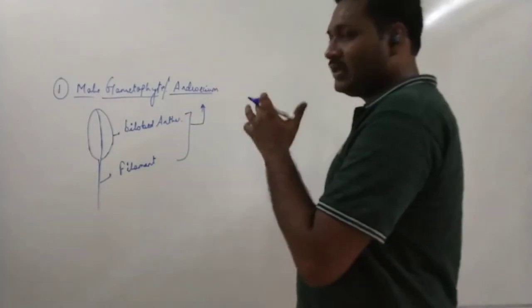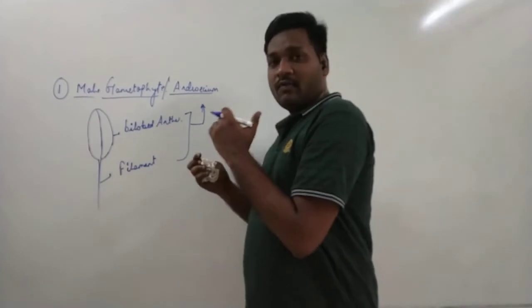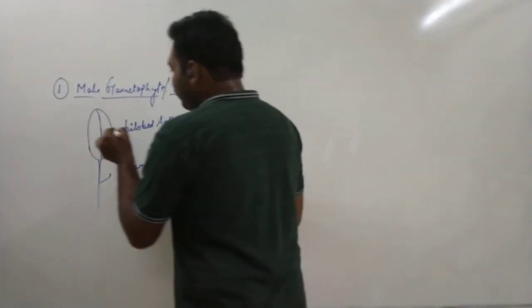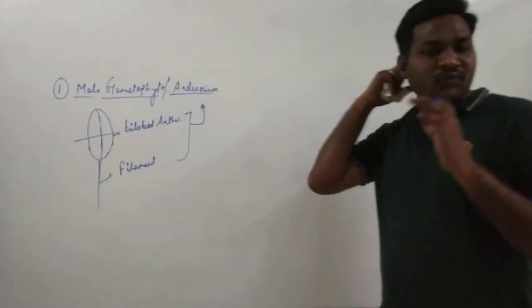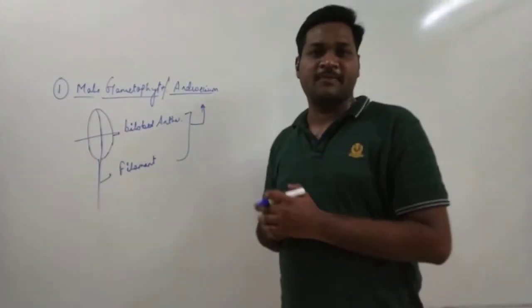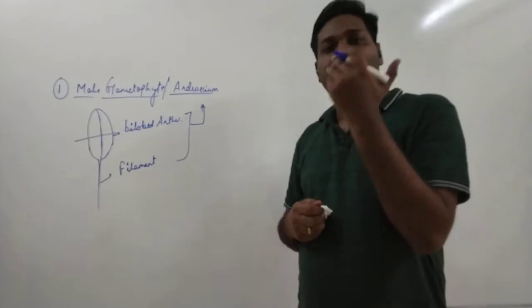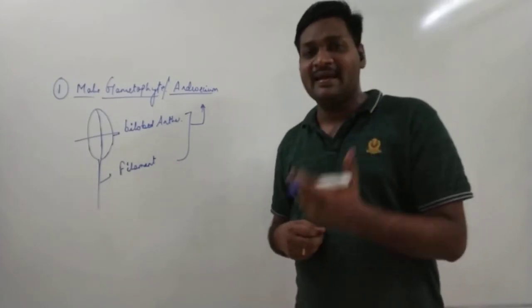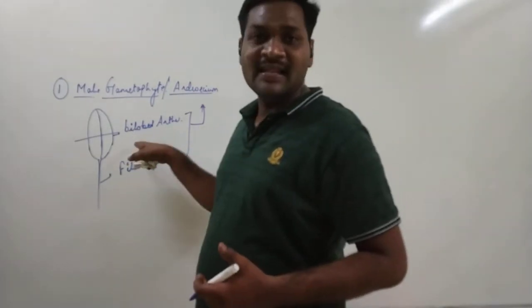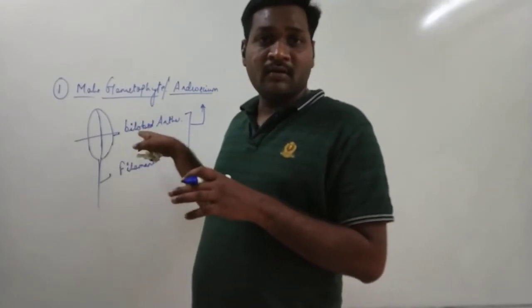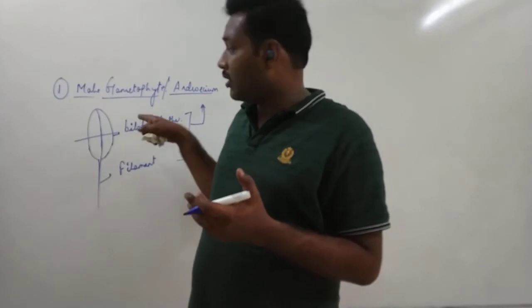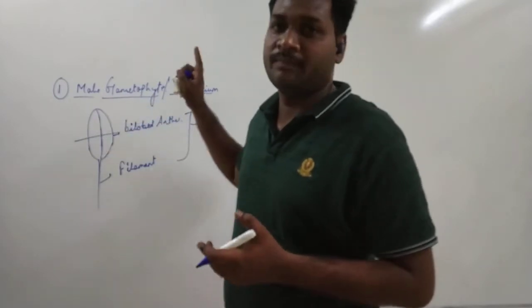Let's see what happens when we cut the bilobed anther transversely. What can we see in this transverse section? We see the development of the male gamete. This is the male sex organ, but it is the sex organ, not the gamete. Gametes are produced within this sex organ.